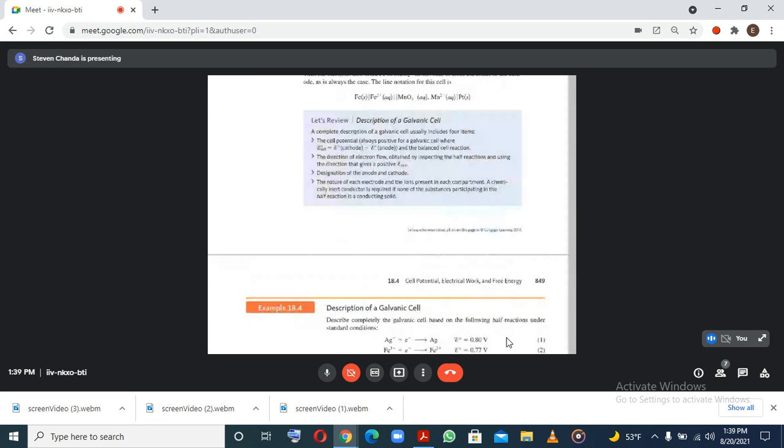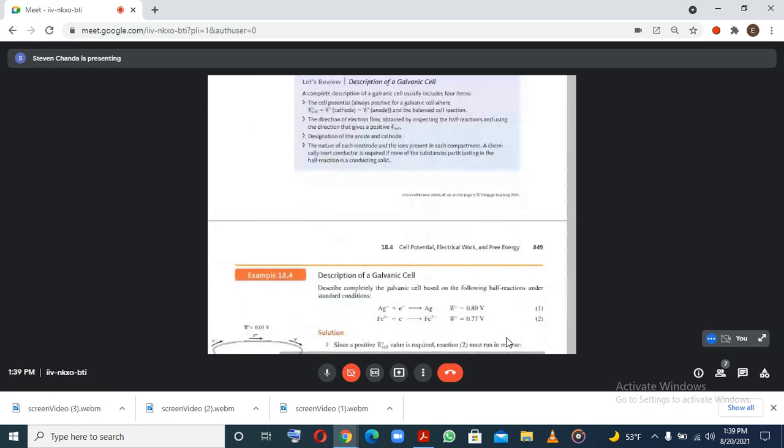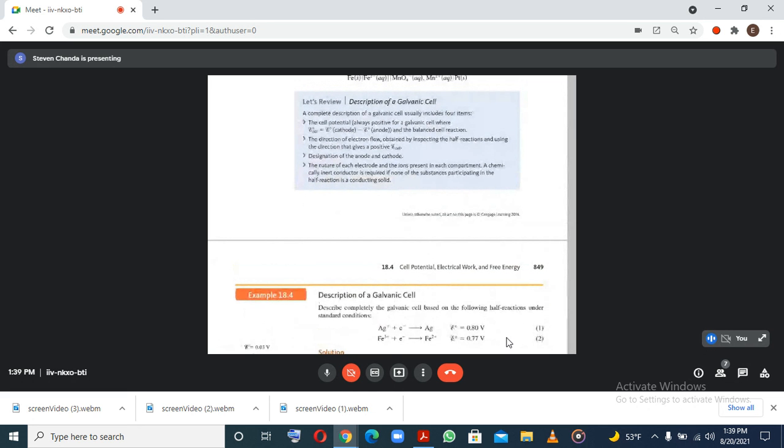How do you start? First of all, they've given you those reactions. You have to determine from that which one is going to be the anode and which one is going to be the cathode. The one which has the E value which is more positive is going to be the cathode.